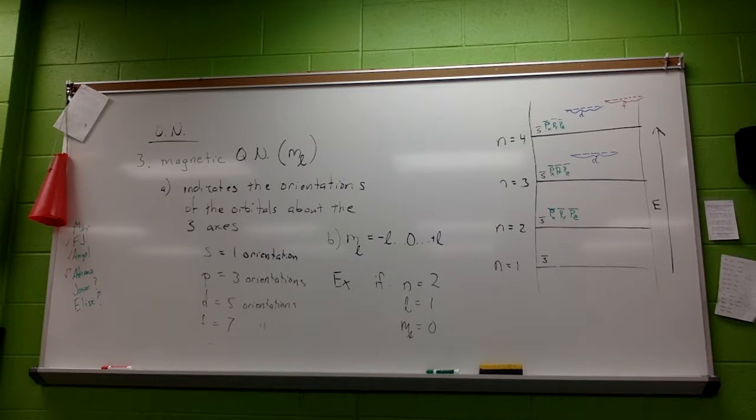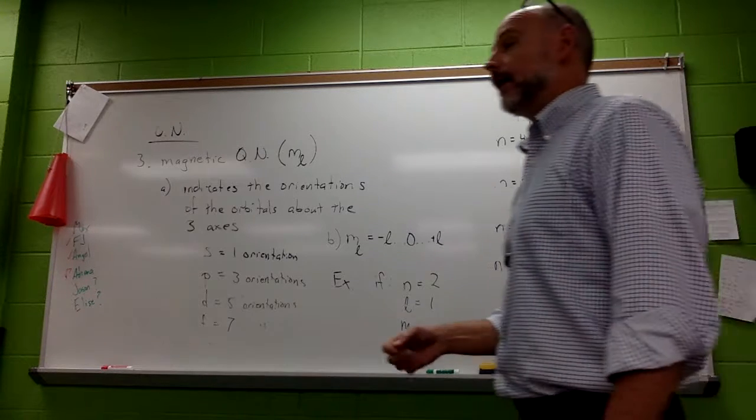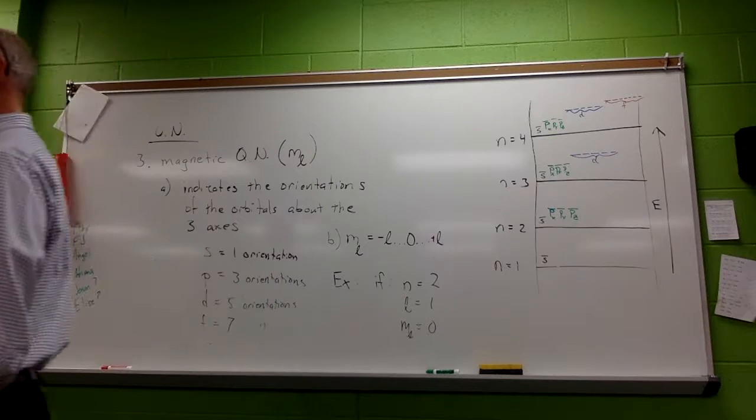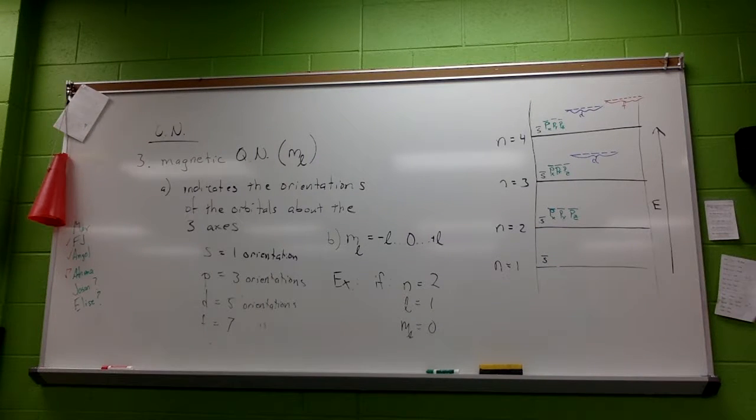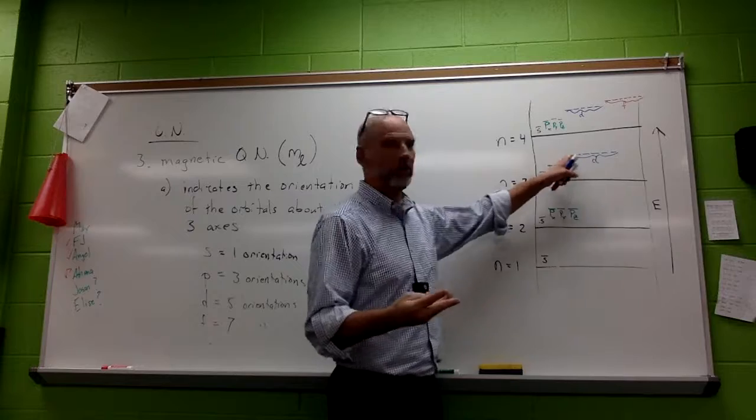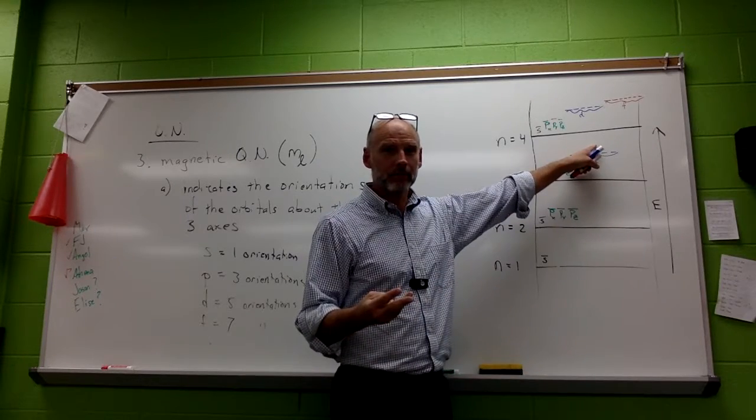First of all, it tells us which energy level we're on. N equals 3. What energy level? Third energy level. At n equals 3, how many differently shaped orbitals are allowed? 3. What are those shapes? S, P, D. See where I'm going?